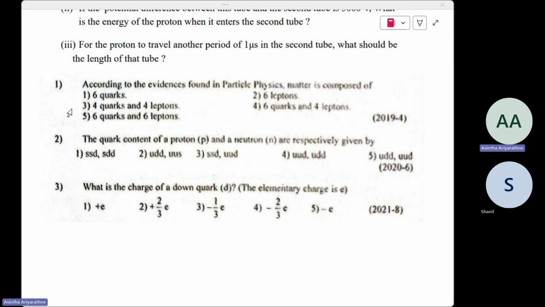So bosons are just binding particles. Matter consists of 6 quarks and 6 leptons. The quark content of proton and neutron respectively: proton is UUD, and UDD is neutron.